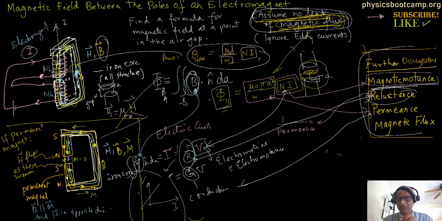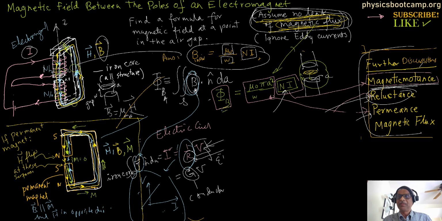So magnetic properties of materials, what do you plot? Let me erase this. When you're studying magnetic material in the lab, instead of I, you're going to plot phi B, and on this axis, instead of voltage, you're going to plot magnetomotance.